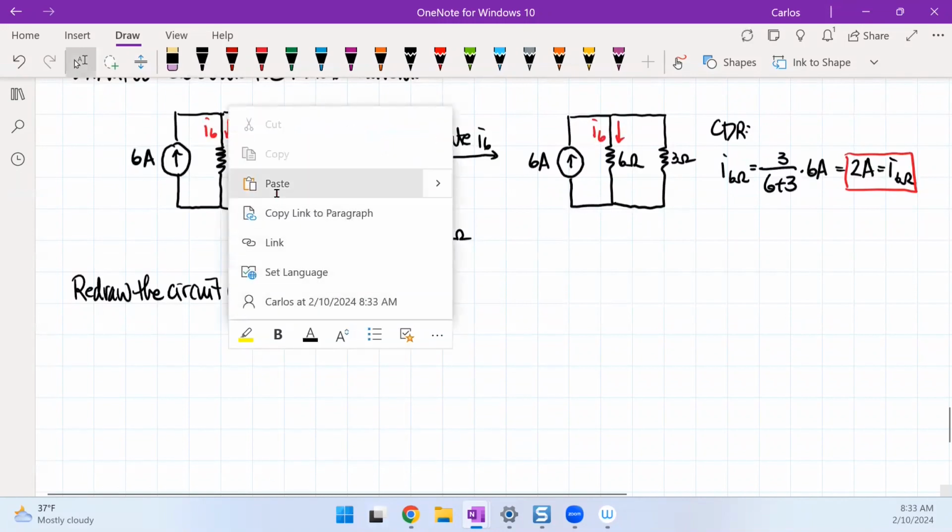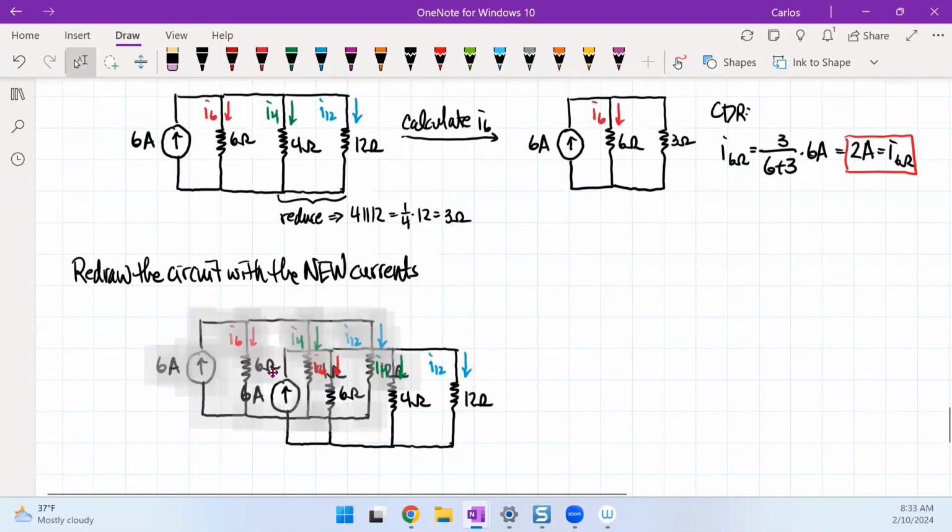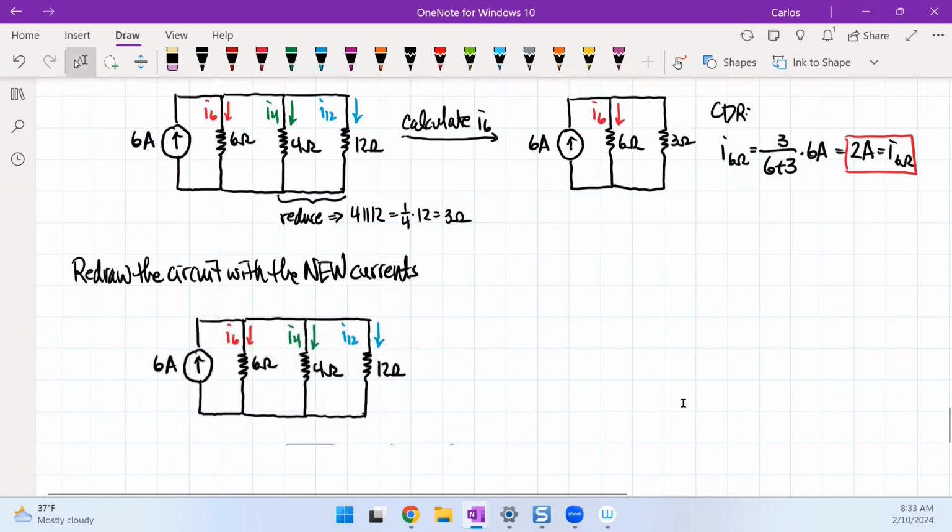So when I paste this guy in, look what I'm seeing here. I know that I have 6 amps coming this way. I now know that along this branch right here, I have 2 amps.